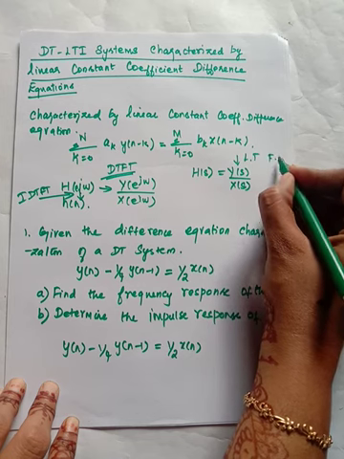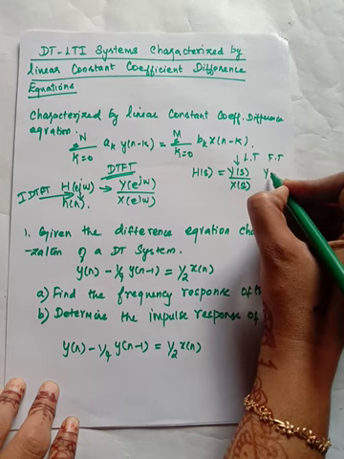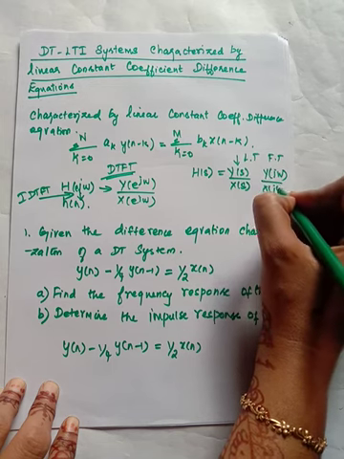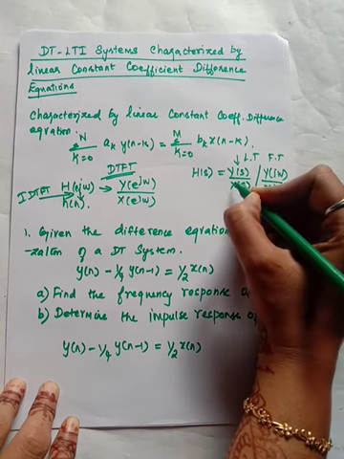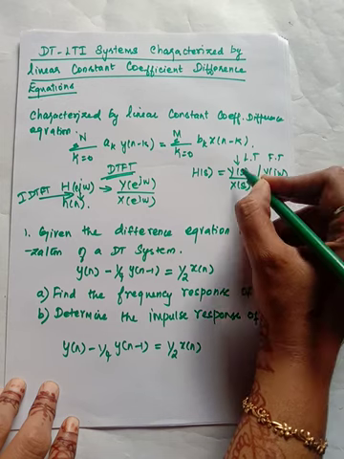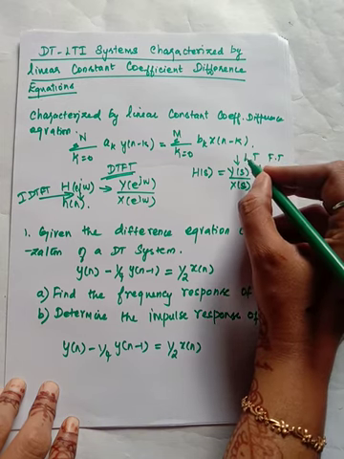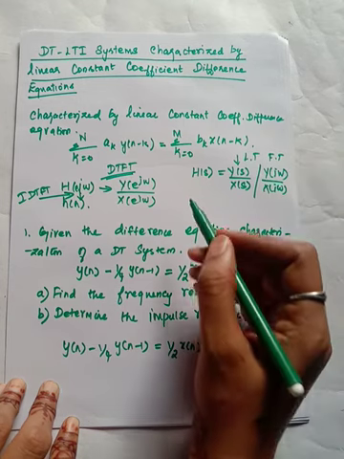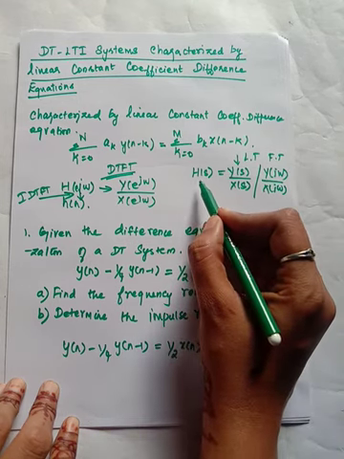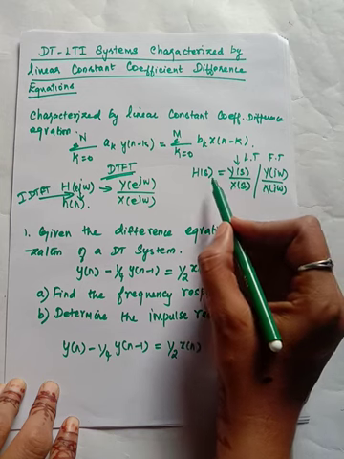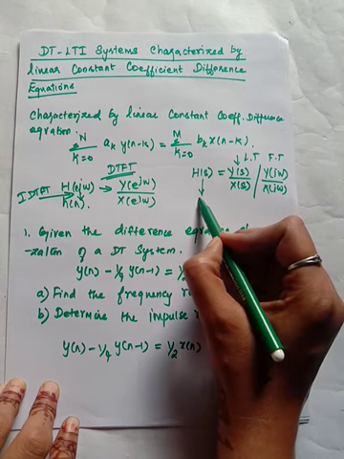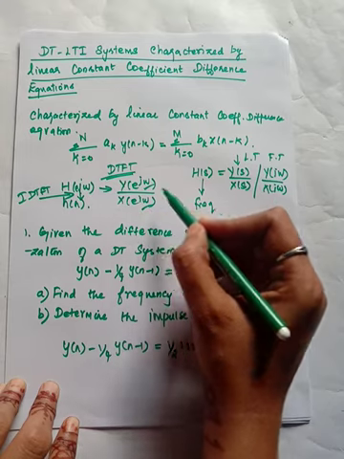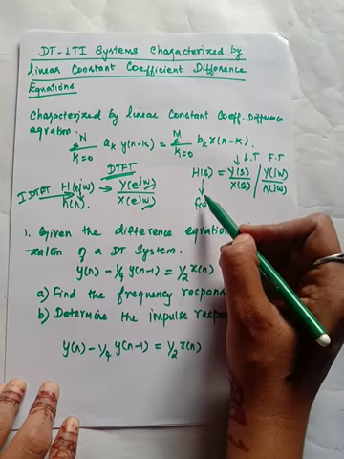If you apply the Fourier transform, you will get Y of j omega divided by X of j omega. Either you will get it like this, depending upon whether you are using the Laplace transform or the Fourier transform. So this is the transfer function. If you represent this in terms of frequency, this is nothing but the frequency response of the system.